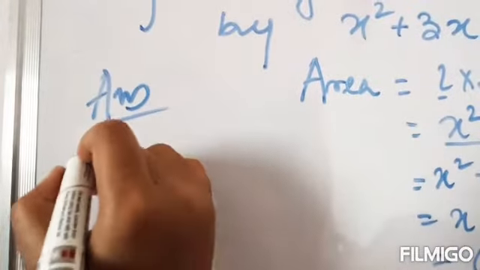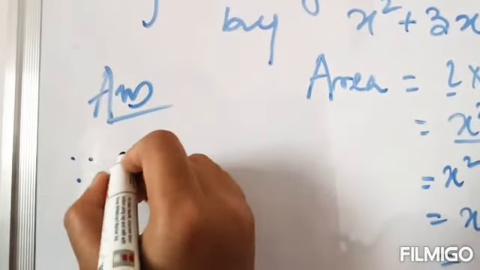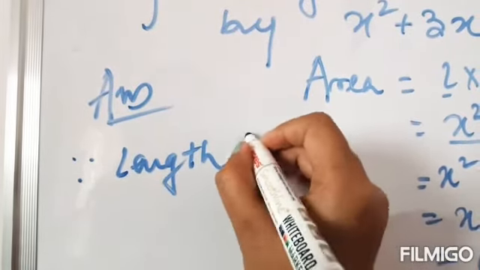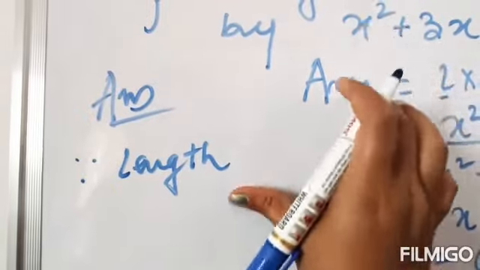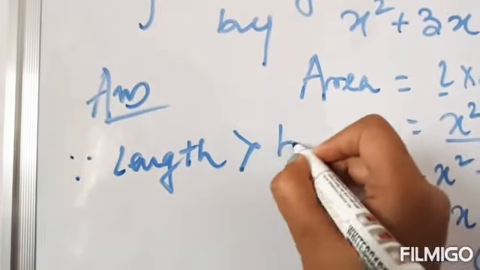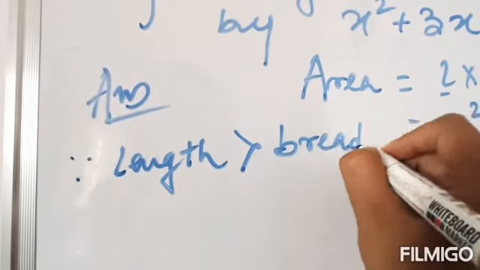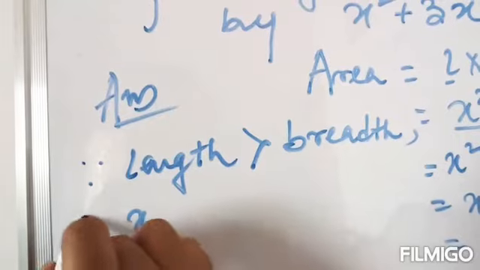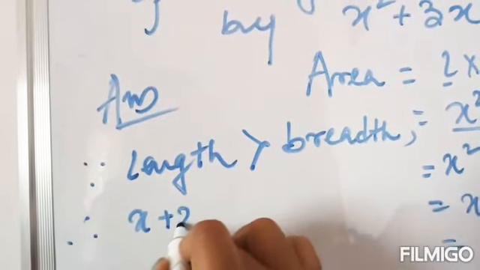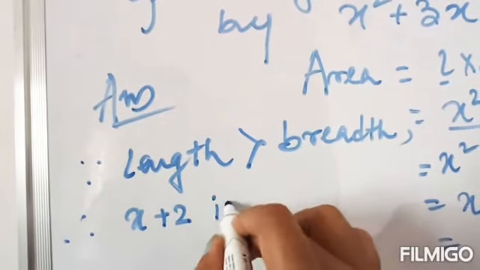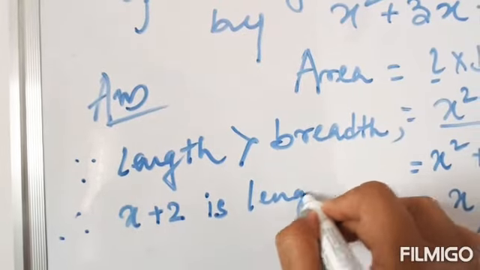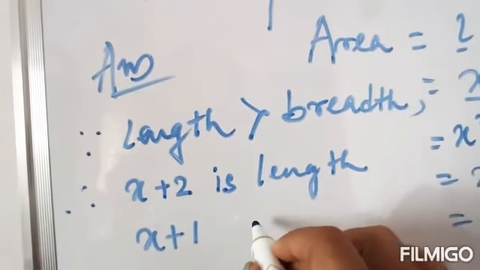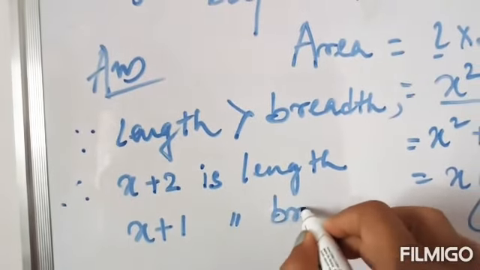So we'll write, since length is greater than breadth, therefore x plus 2 is the length and x plus 1 is the breadth.